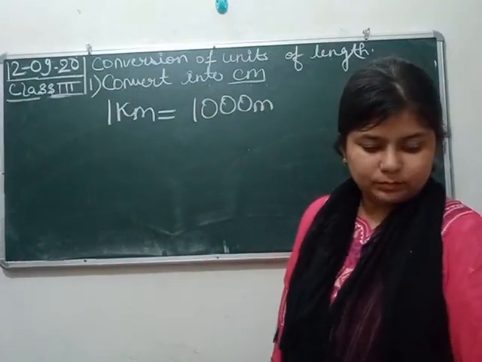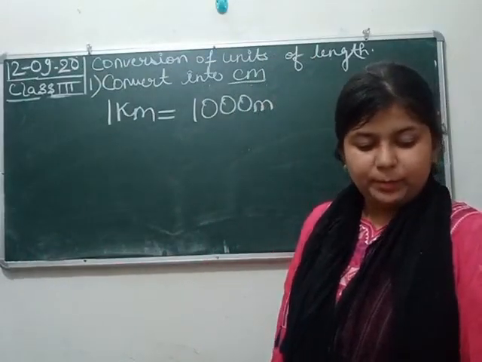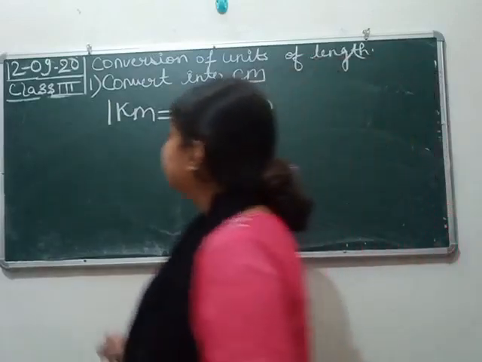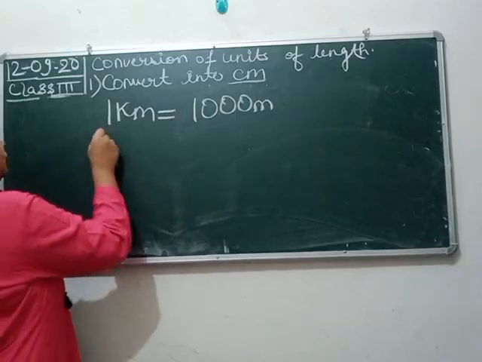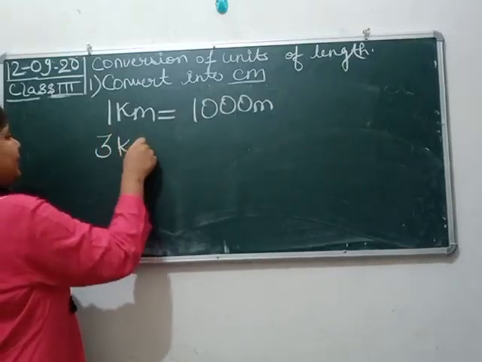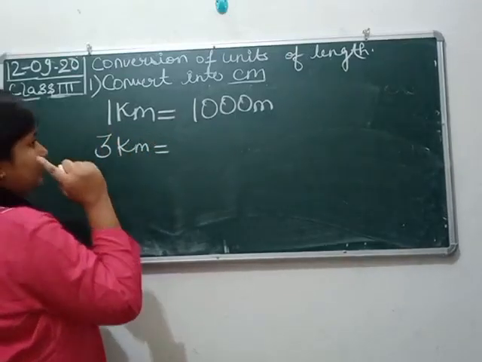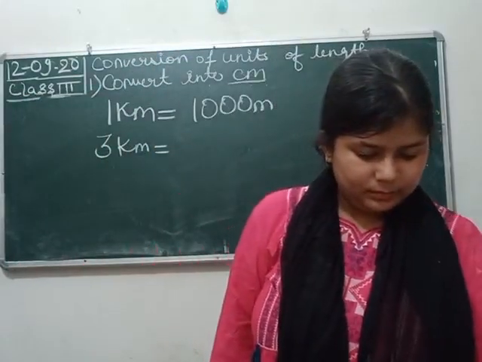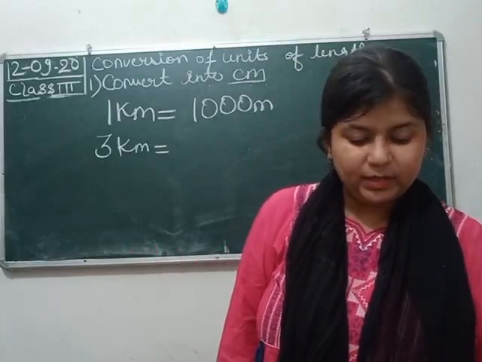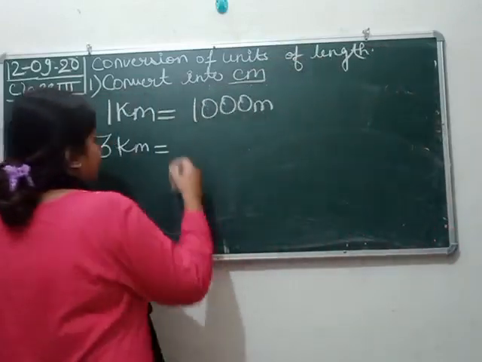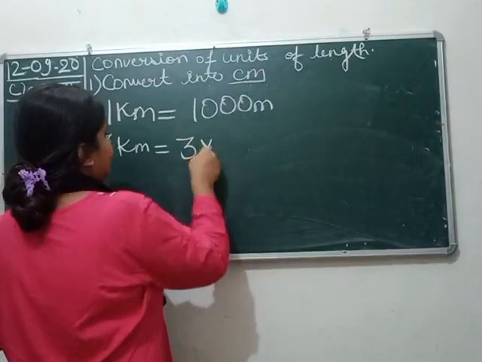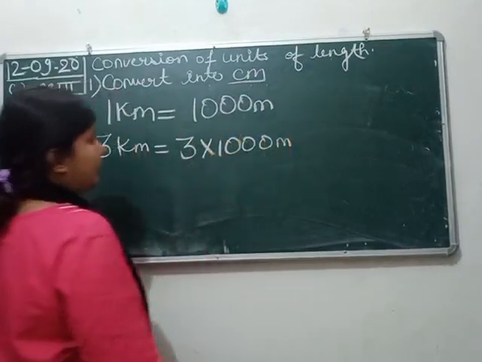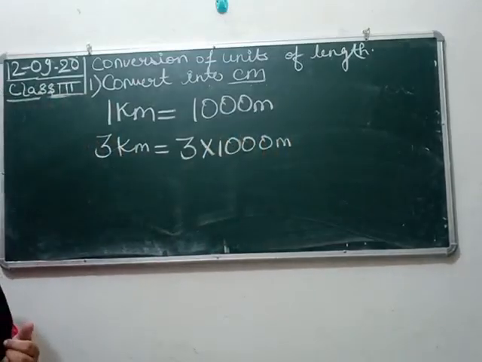Now if 1 kilometer is equals to 1000 meter, then 3 kilometer is equals to 3 into 1000 meter.